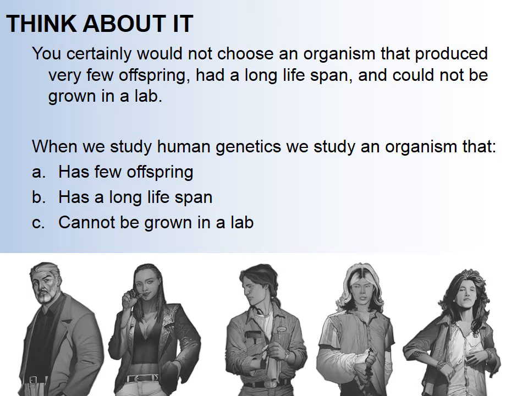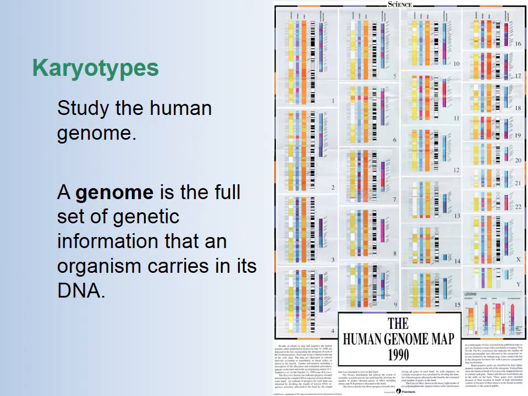So one thing that you should know about when we study human genetics is that we have what's called the human genome. The genome is all the DNA that an organism has. That's what a genome is. They started mapping the human genome back in like the 1950s.